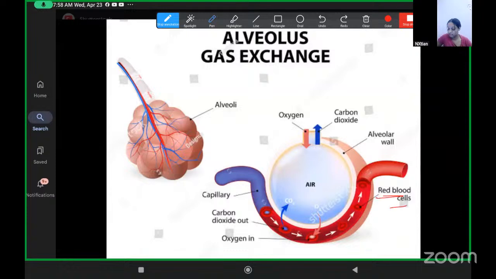From the red blood cells, the carbon dioxide is released from the blood, and then the oxygen enters. Like it said, it is only a very thin cell wall, which allows the oxygen to come in and CO2 to be released. And then the capillaries just take the blood to the heart, which pumps that oxygenated blood to all parts of the body. Okay, ma'am, understood?